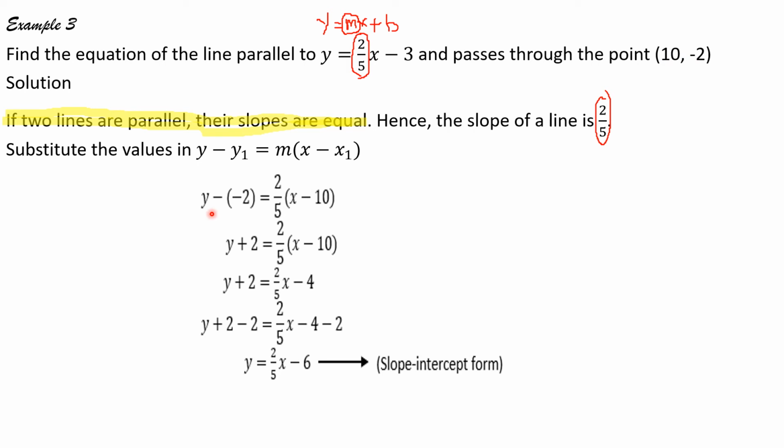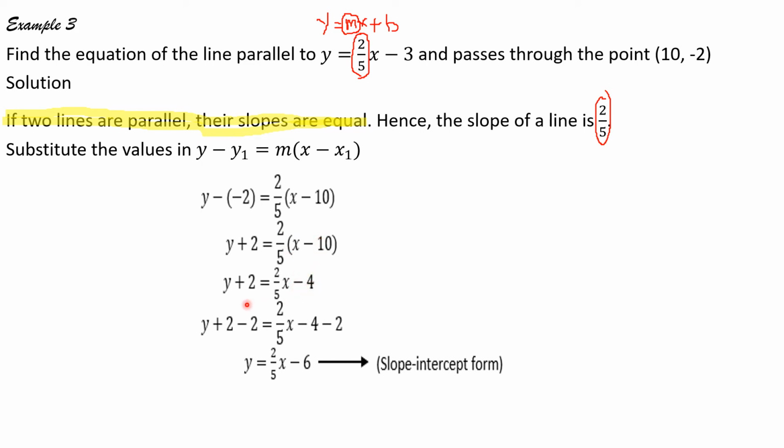So simplifying, y minus negative 2, that is y plus 2, equals 2/5 times the quantity x minus 10. You apply the distributive property. 2/5 times x, that is 2/5 x. Then 2/5 times negative 10, that is negative 4.